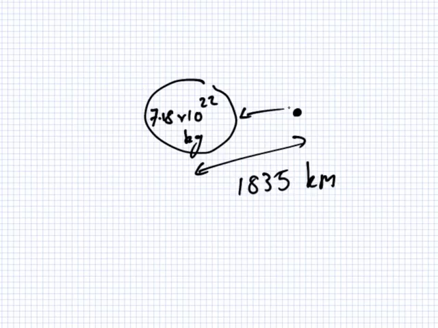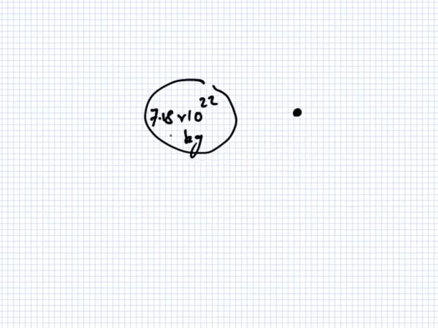That 95 is only there. The distance that matters is from the center to the center. Let me draw it again. Okay.